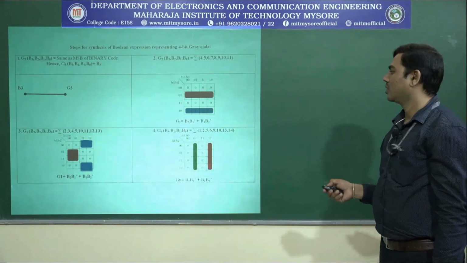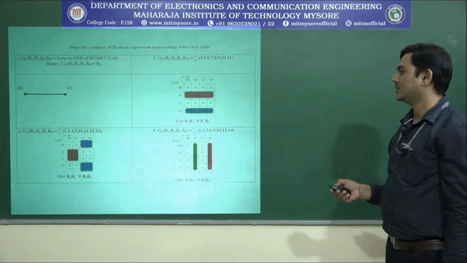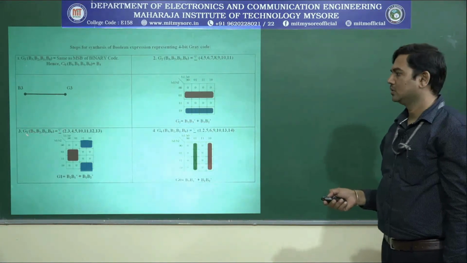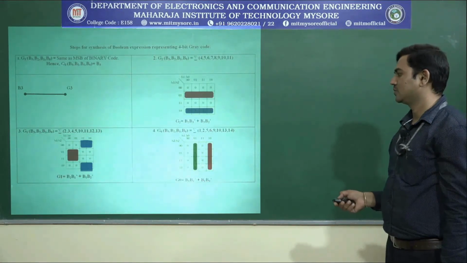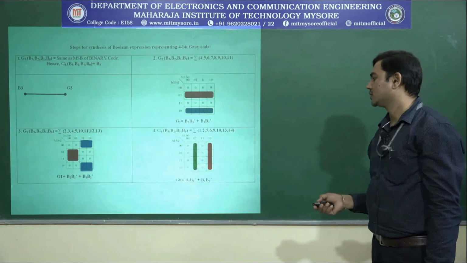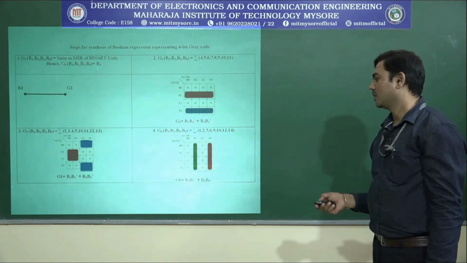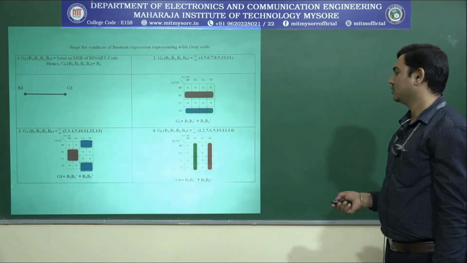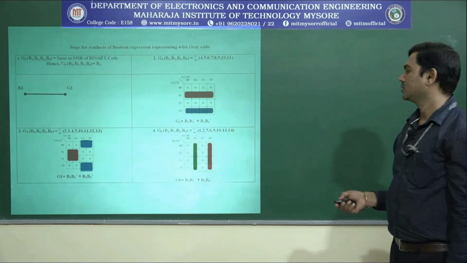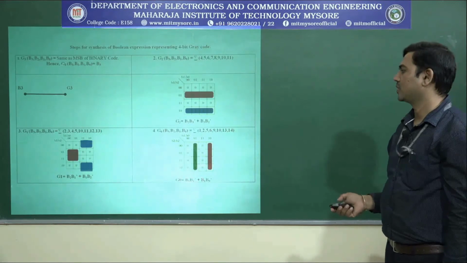Then, what about G2? It will be given by this expression. G1 will be given by this expression, G0 will be given by this expression. Carefully, if we observe, it is simply the XOR operation. B1 B0 bar ORed with B1 bar B0. So, this is the XOR operation.